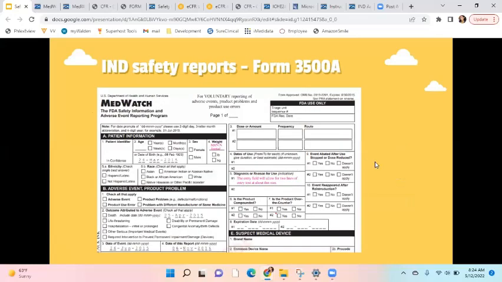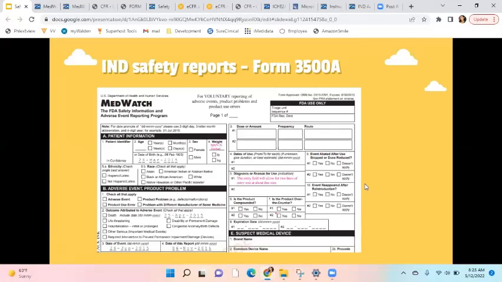Okay, so this is an example of the safety report form. You can see that this is a very specific form, and you're supposed to fill in all these different aspects of it and document it.